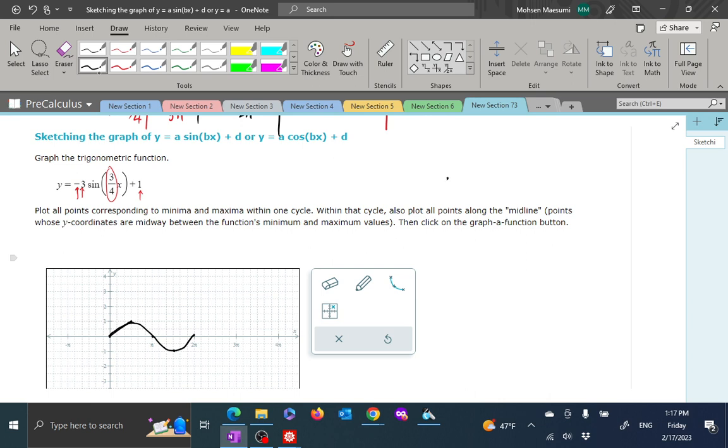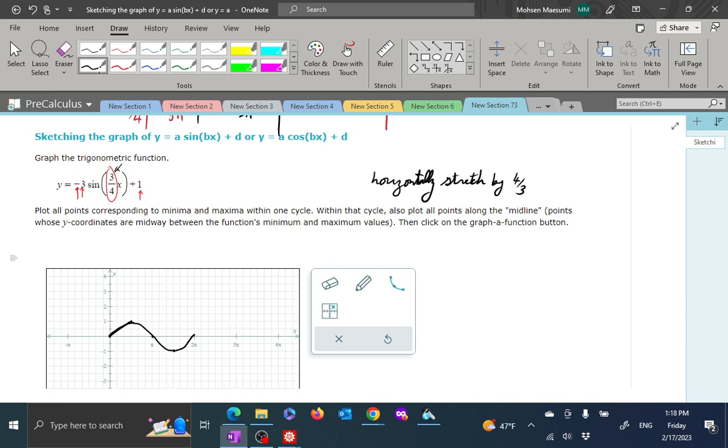So stretch by the reciprocal of this number, 4/3. Horizontally, you're going to do this. That's for x. Horizontally stretch by a factor of 4/3.